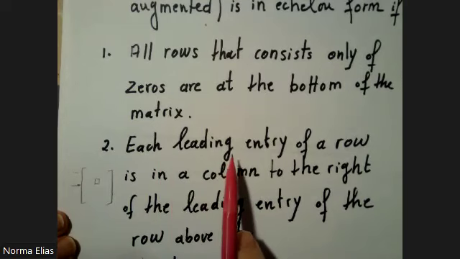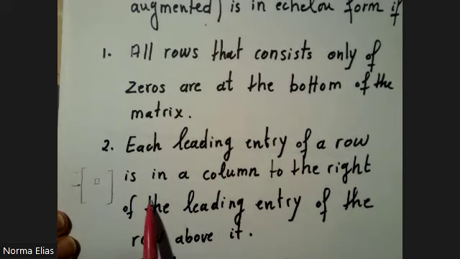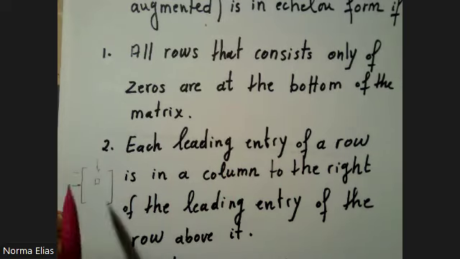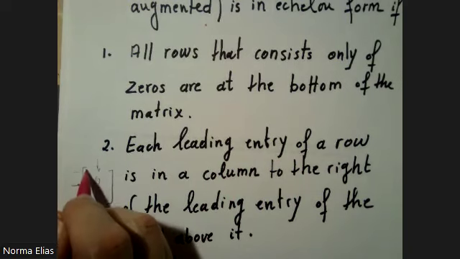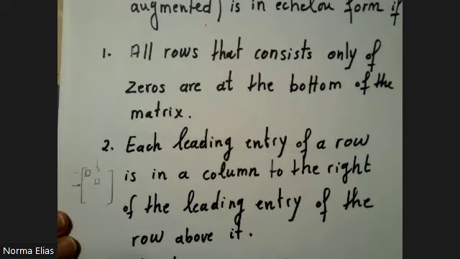This tells me that every leading entry of a row is in a column to the right of the leading entry in the row above. It cannot be to the left. So that's the second condition that's required.